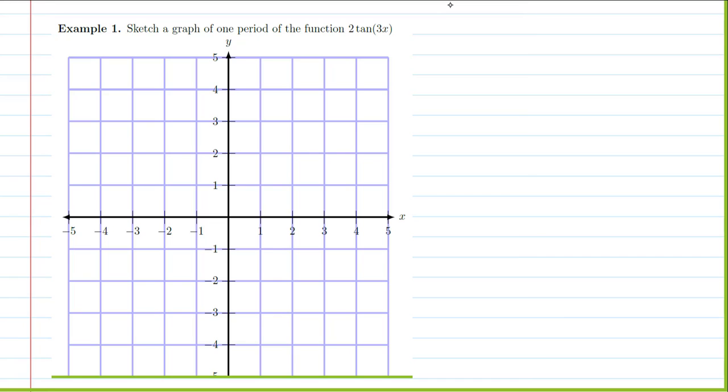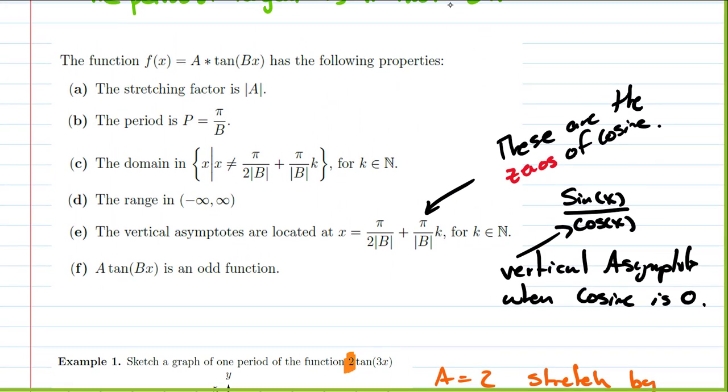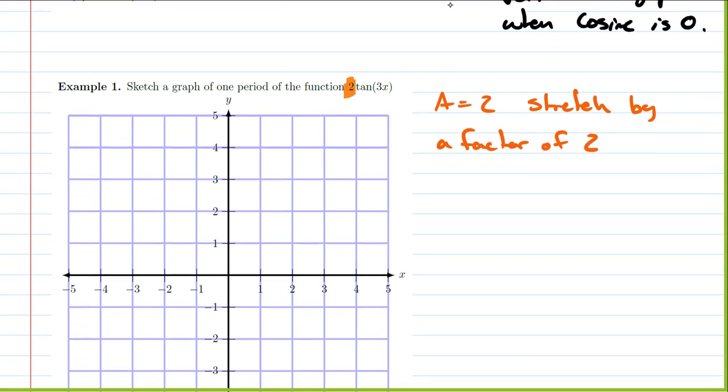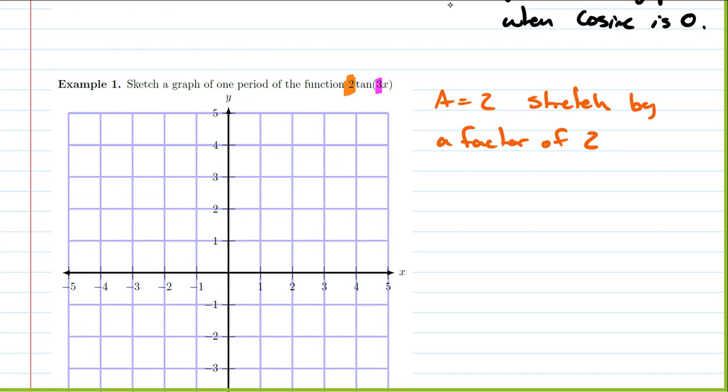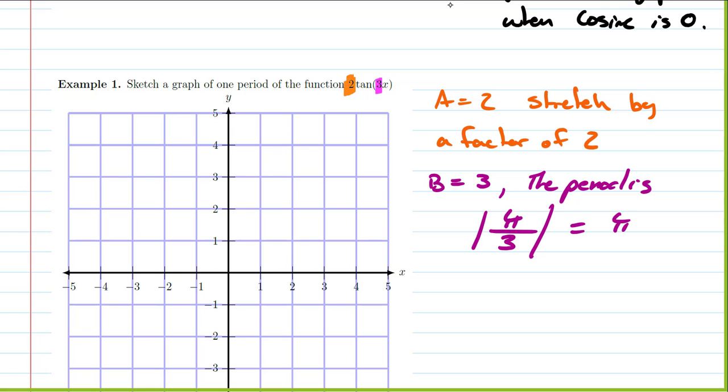So we have our a, so it's going to stretch by a factor of 2, and our period is given by this formula, pi divided by b. So our b is going to be 3, so the period is pi divided by 3, which is going to be just pi over 3.